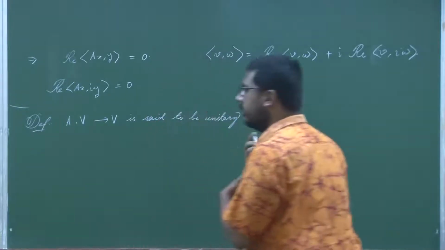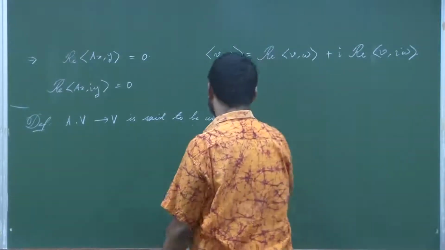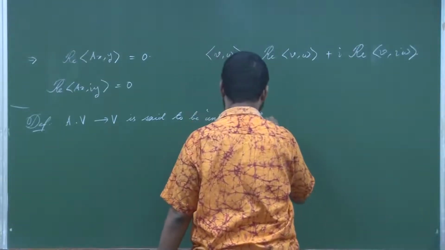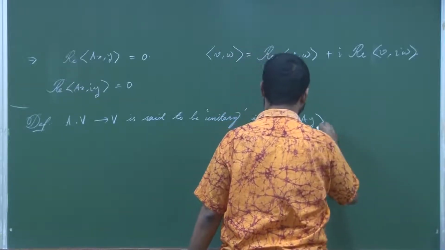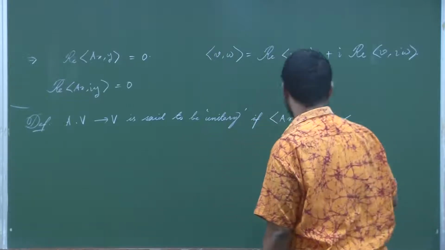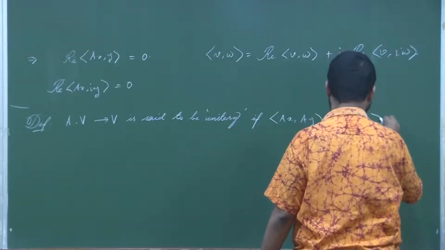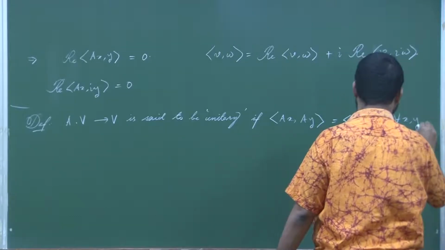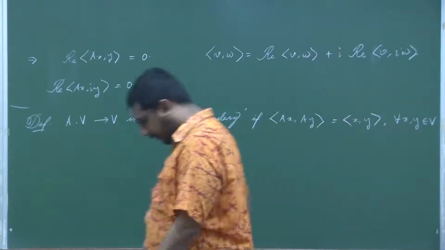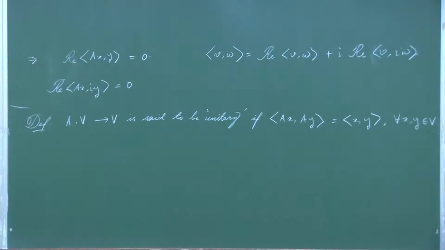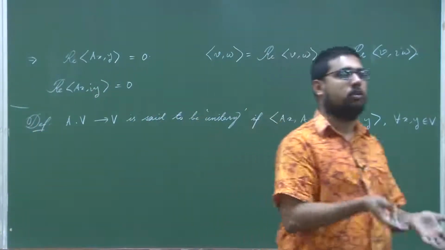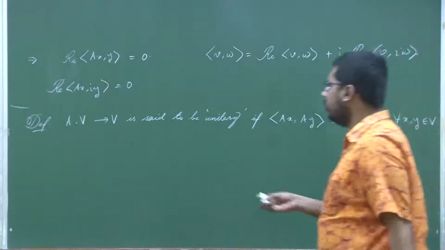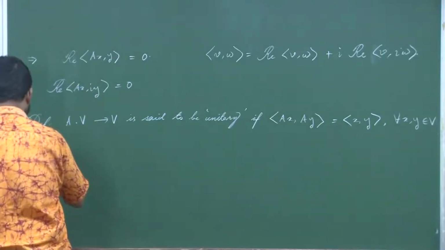Here we are using the term unitary as a general one. A is unitary if it preserves the inner product. Okay. So, you can see that if the vector space is over R, then the unitary map is nothing but an orthogonal one. Let me write it as a note here.